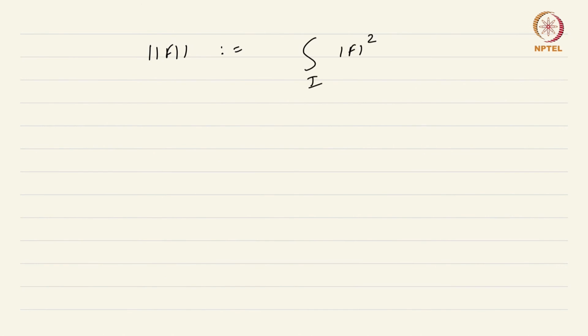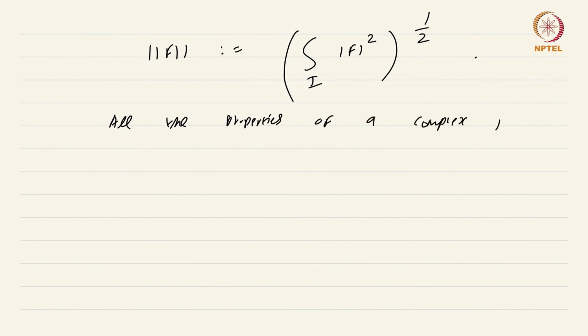whole power half. How did I forget that? So the fact that mod f squared is integrable, and hence this is well defined, will follow in exactly the same way you did for the real valued case. And all the properties of a complex inner product will be satisfied with the one standard exception.